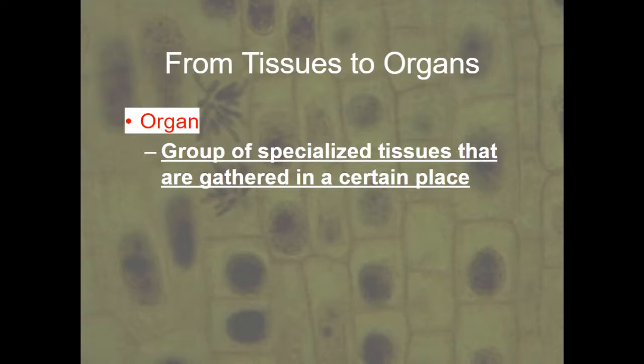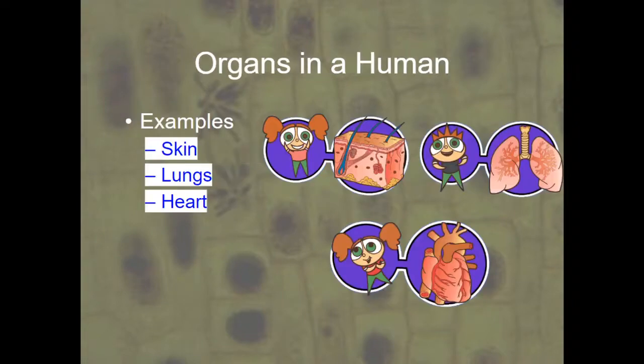So for an organ, for example, we have lungs and heart. It's kind of weird to think of the skin as an organ, but it is. It has a specialized job. And it has a couple different tissues going on in it. Not all these cells in here are the same. They've got different jobs. If you've ever thought about hairs standing up on the skin, there's actually muscles involved in that.